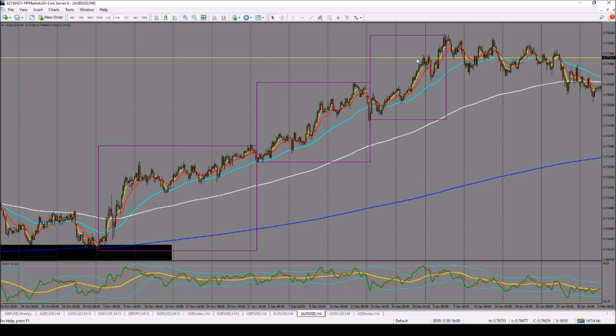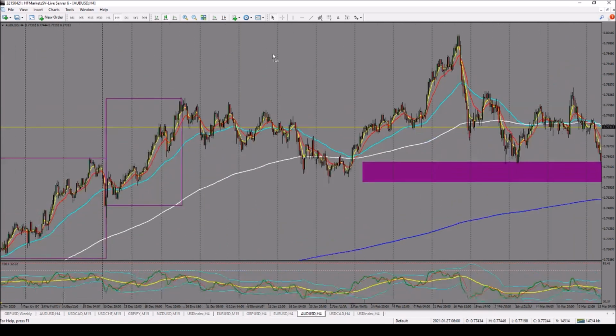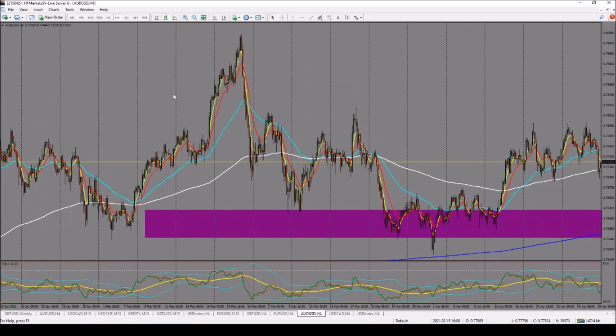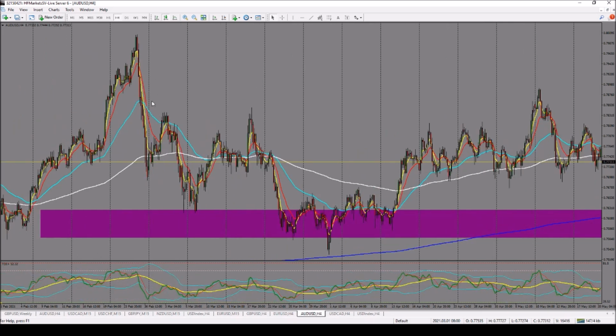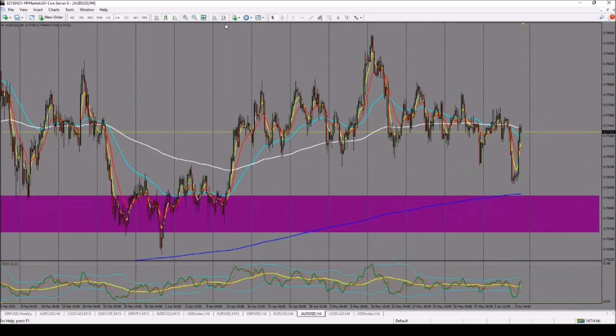The first one, the second one, and the third one, meaning that this was a complete H4 level. From there onwards, the market began to chop, and this is a level 3 chop, because it is a separation of one daily level from another daily level. That is why we had a long period of chopping. But from this choppiness, we are going to see the market going up very fast.